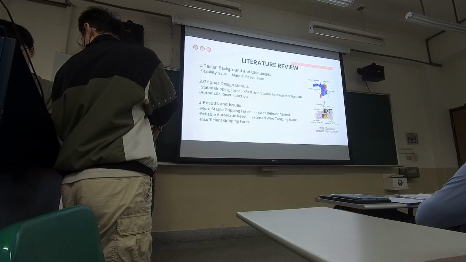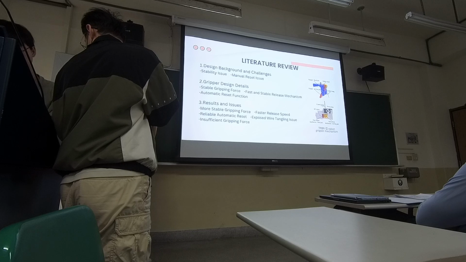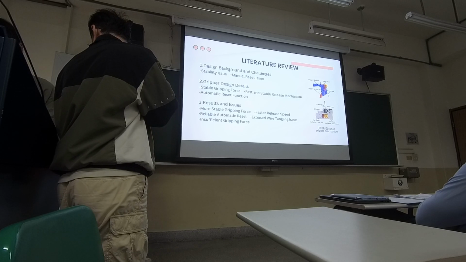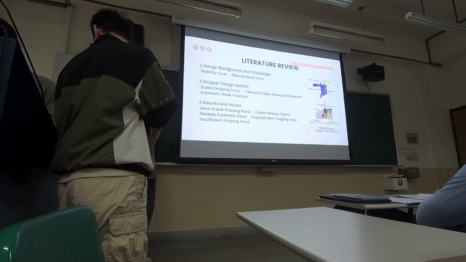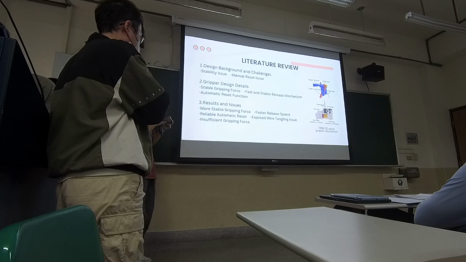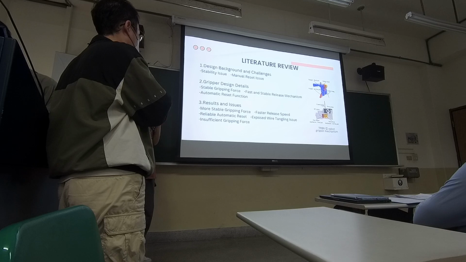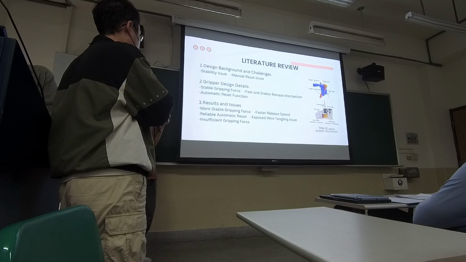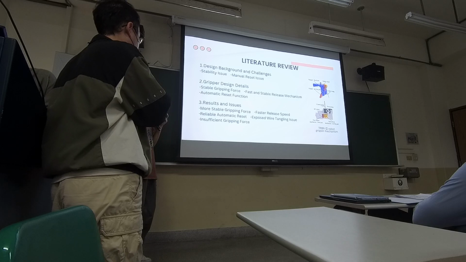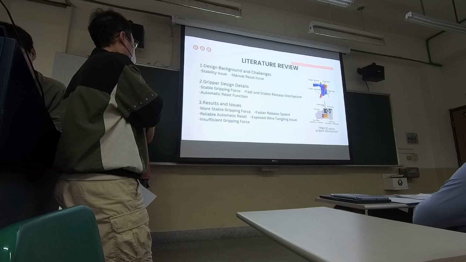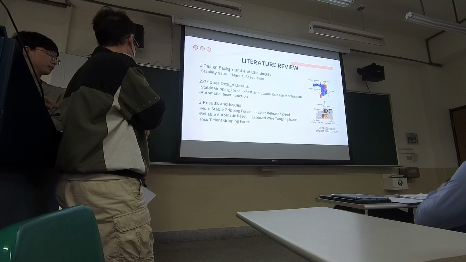One notable issue encountered was that the exposed wire tangled during dynamic movement, disrupting the robot's operation. Insufficient braking force. Despite improvement, the gripper operation is experiencing insufficient braking force, especially during high-speed transition, leading to unintended relax.